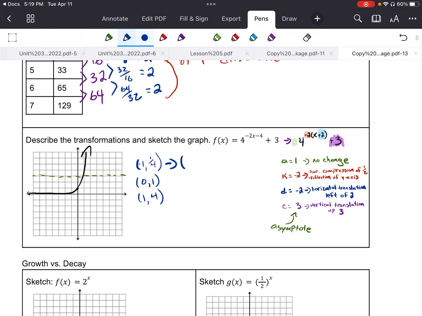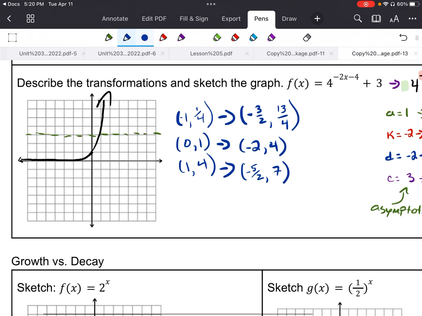Half minus 2 is -3/2. And we will get 13/4. Okay, 0, 1 will become -2 and 4. And 1, 4 will become -5/2 and 7.